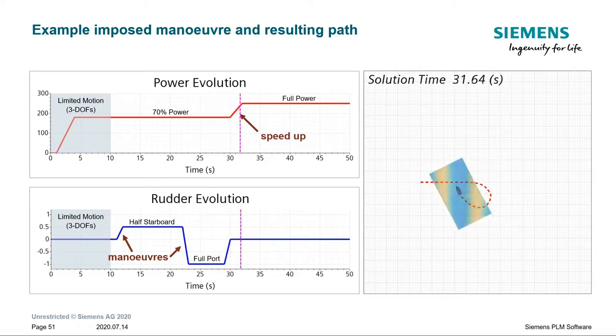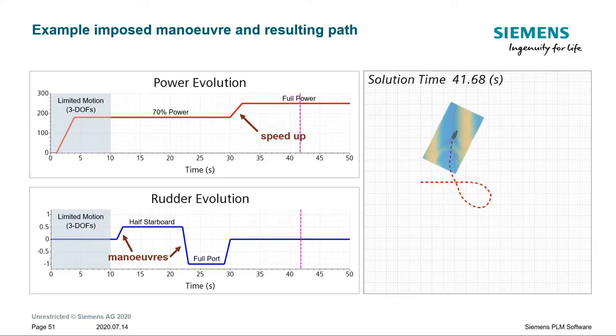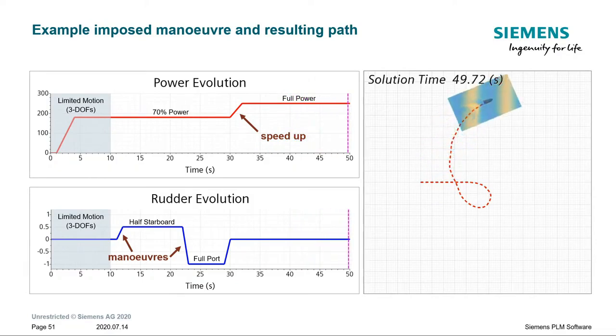We speed up, and then the boat continues to go almost straight, still with a little turn towards the starboard. So it's 50 seconds of physical time simulated here.